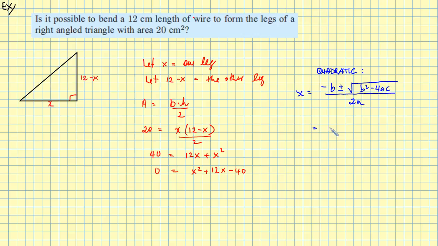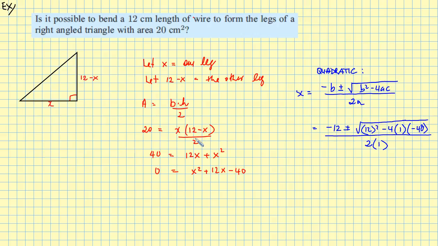So that I will have negative 12 plus or minus the square root of 12 squared minus 4 times 1 times negative 40, and that all gets divided by 2 times 1.